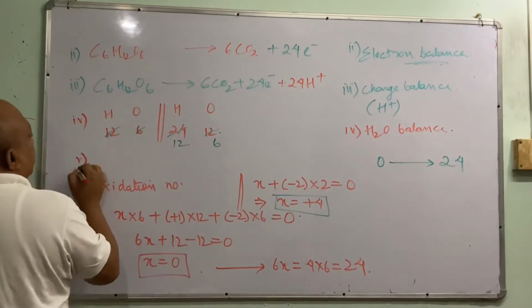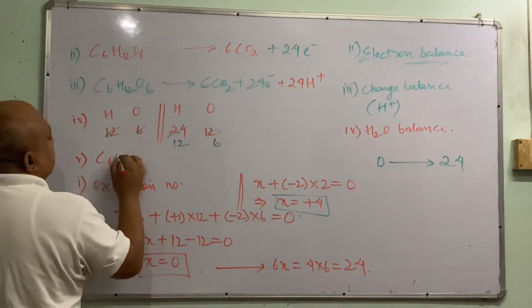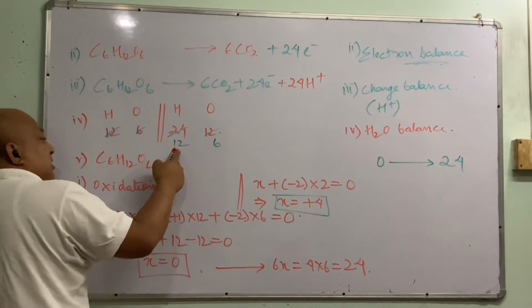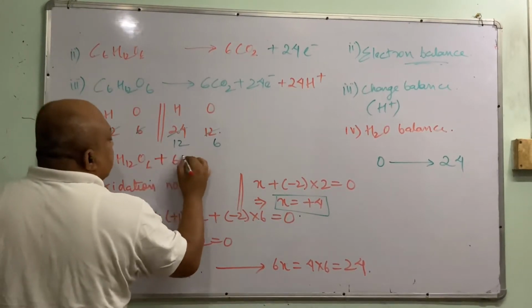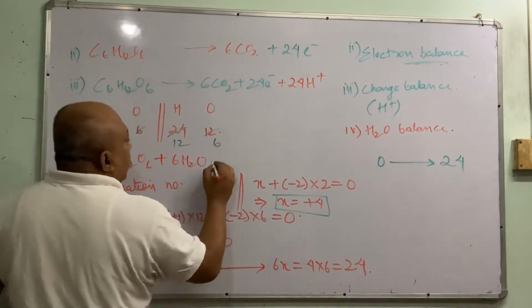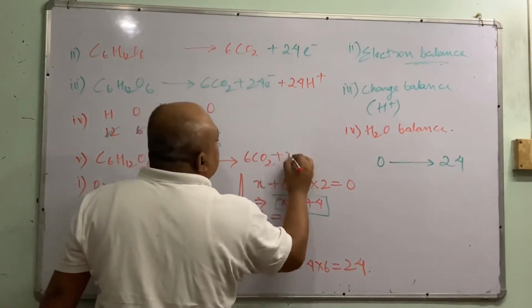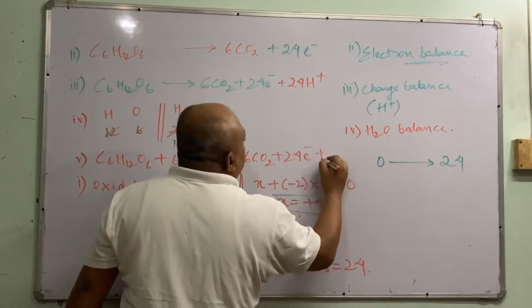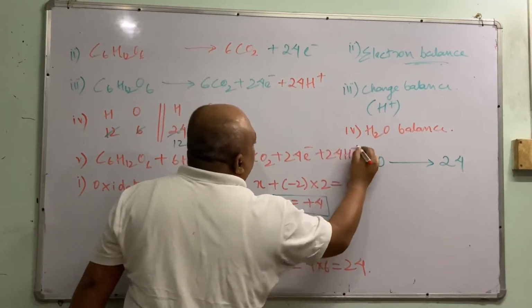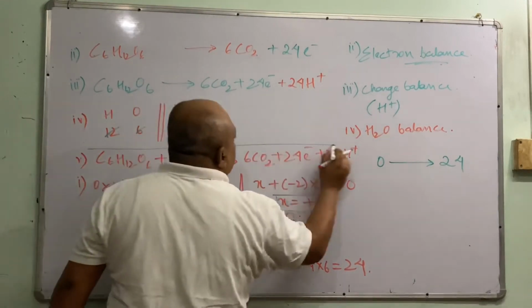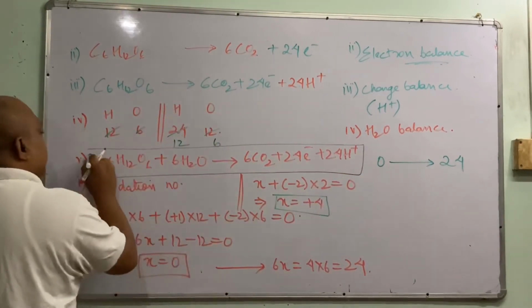So the final equation you can obtain is C6H12O6. Here 12 hydrogen is more. So we can say C6H12O6 plus 6 H2O gives 6 CO2 plus 24 electron plus 24 proton. So this equation is the final half equation.